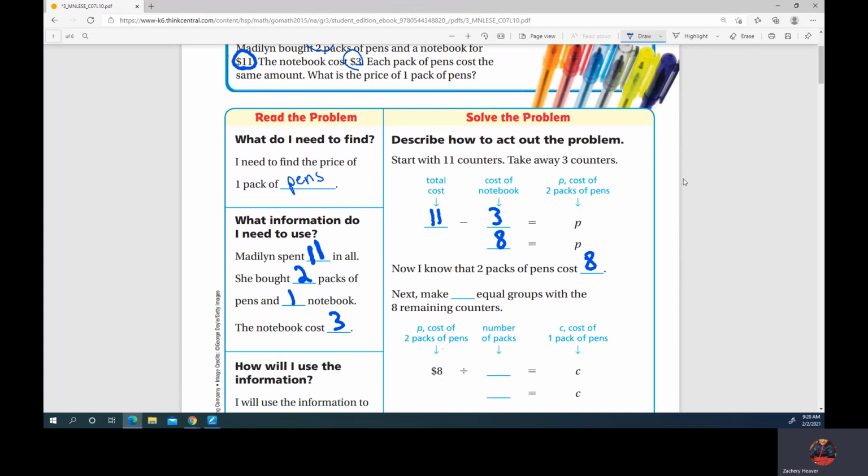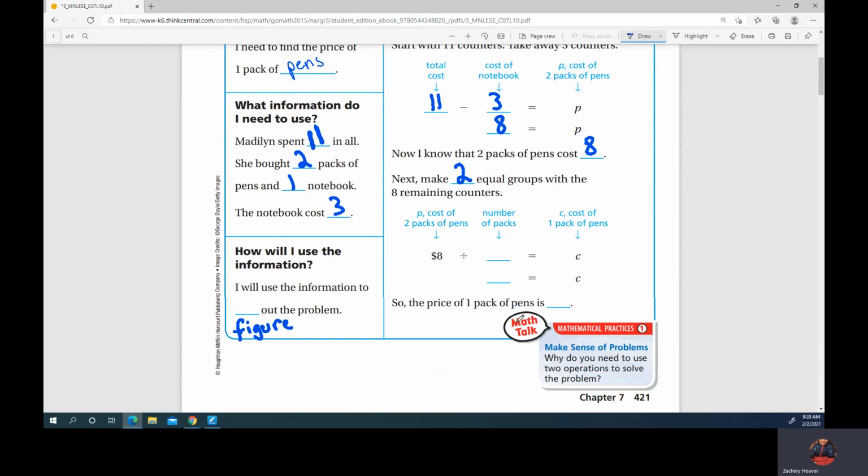Now we need to make 2 equal groups, because there's 2 packs of pens, with 8 counters. So 8 divided by 2 is going to be C. What is 8 divided by 2? You skip count by 2 to 8, or use your chart: 2, 4, 6, 8. We get 4. So the price of 1 pack of pens is $4.